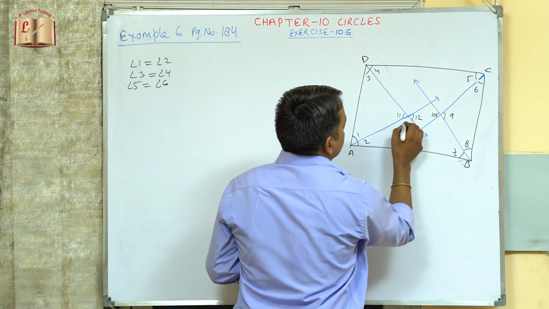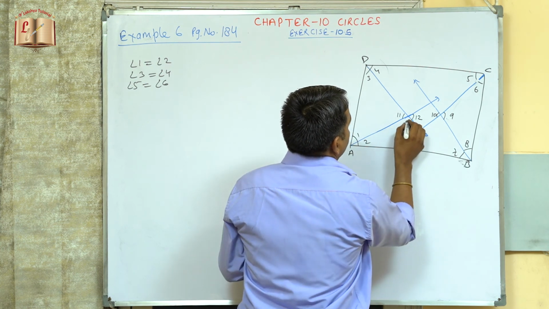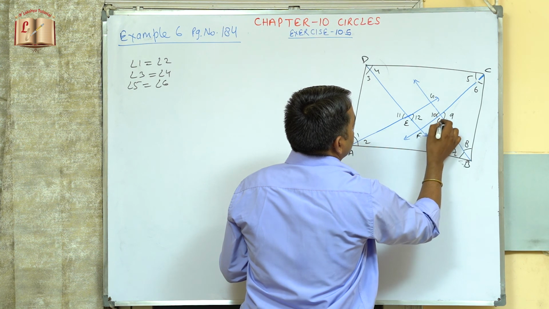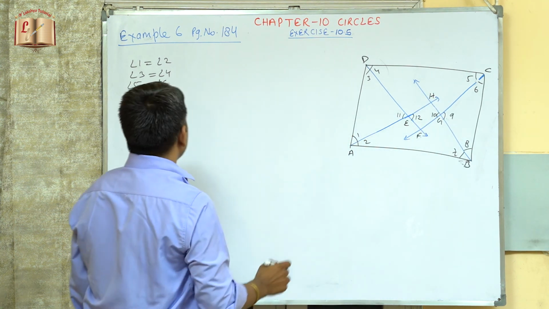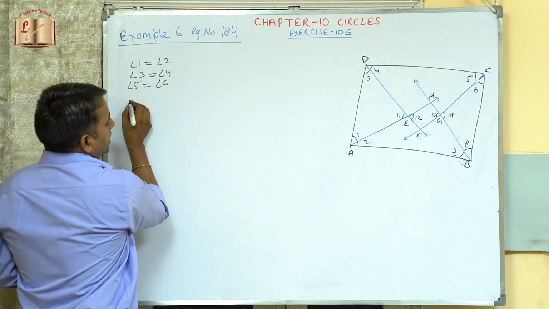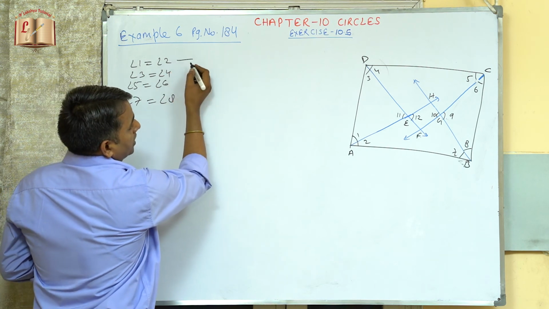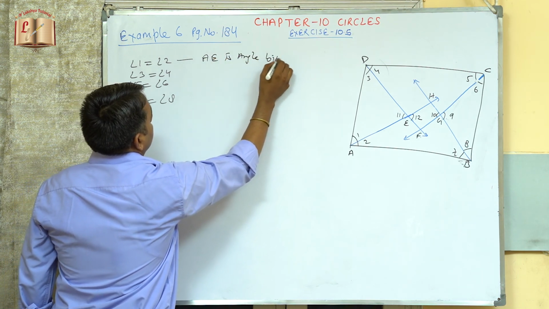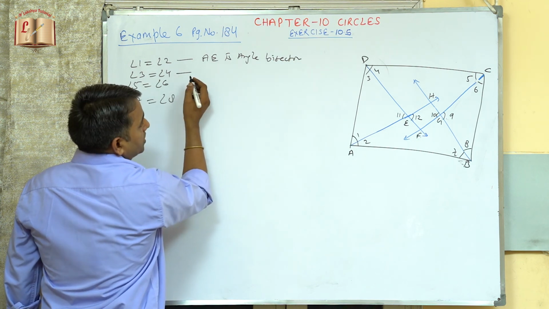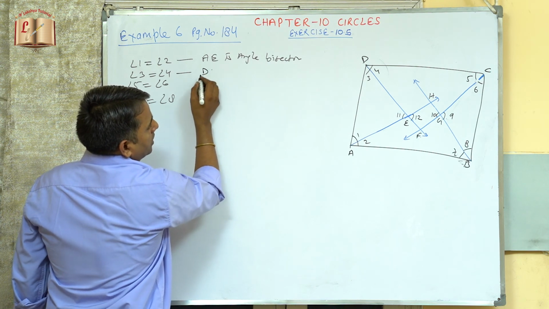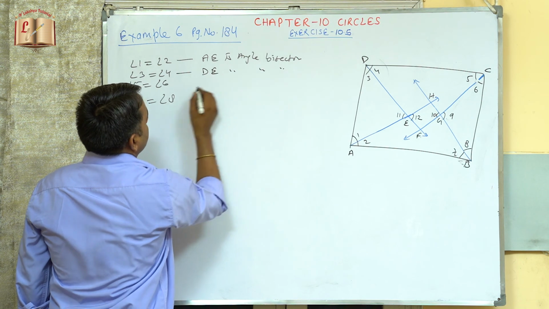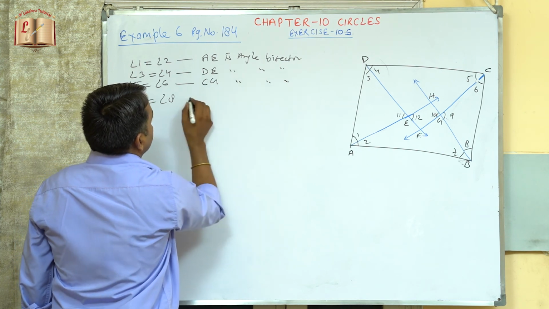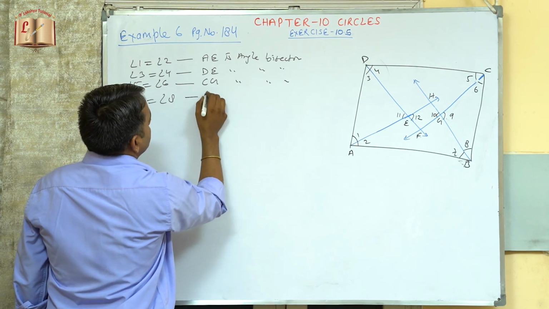We can take these points as E, F, G and this point as H. For this A and B, AE is angle bisector, and similarly for this 3 and 4, DE is angle bisector, and for this 6 and 7, CG is angle bisector, and for this BG is angle bisector.